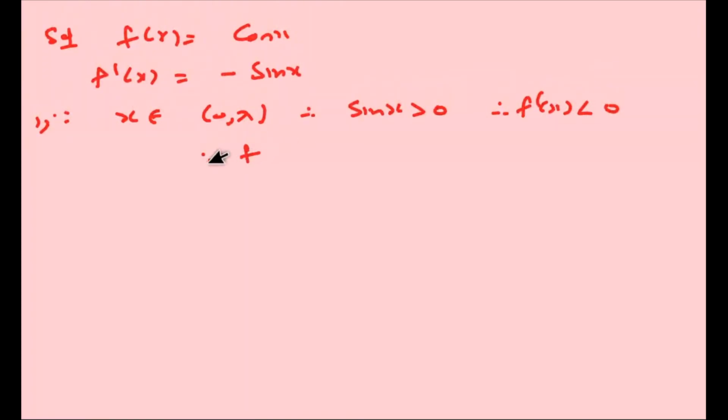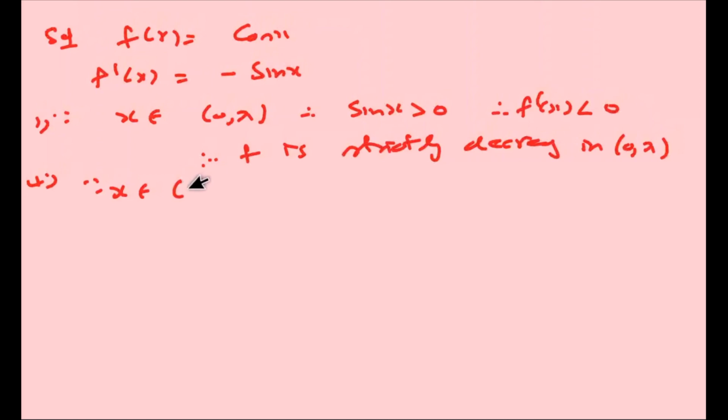Hence, f is strictly decreasing in 0 to pi. You can understand we are not taking the value of 0 and the value of pi here. Okay, so it is positive. Positive into negative is negative. So f dash x is less than 0. Okay. Now similarly for the second condition, since x belongs to pi to 2 pi, and we can understand that in the third and fourth quadrant sin x is less than 0.